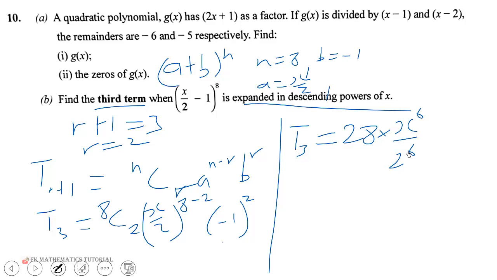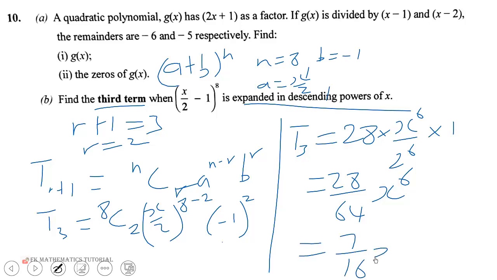And times positive 1. So 2 exponent 6 is 64. So you have 28 over 64 x exponent 6. And that will give you 28 over 64, 7 over 16. So 7 over 16 x exponent 6. That is the third term in the expansion.